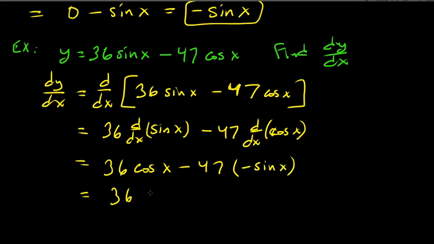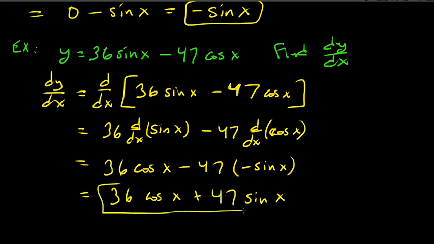So this is just 36 times the cosine of x, and then negative 47 times negative sine x is positive 47 times sine x. So 36 cosine x plus 47 sine x.